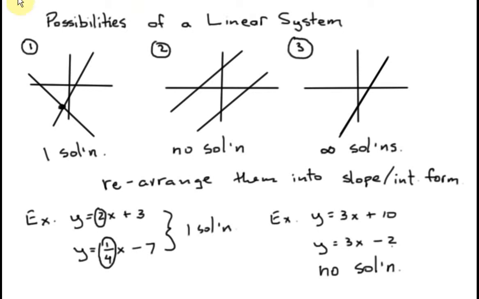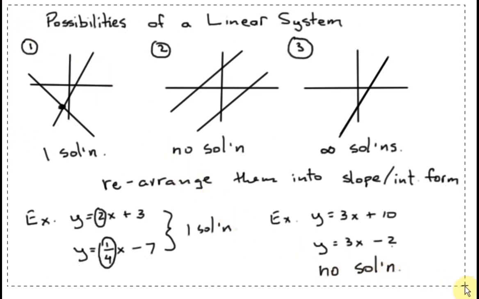So let's clear off the screen and do an example here, one where I got to do a little bit of rearranging and then see what we get. Okay, so I think the example I'm going to look at might look something like this. Maybe one equation is 4x minus 5y plus 7 equals 0.